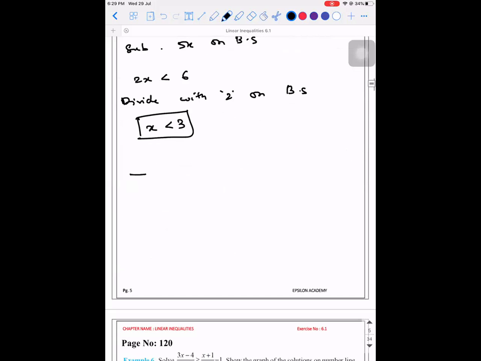So if you take a number line like this, if 3 is here, okay, this is a number line. What you're supposed to do is at 3, you put an open circle like this. When you put an open circle, it is understood that that value is not included, and you need to shade on this portion.